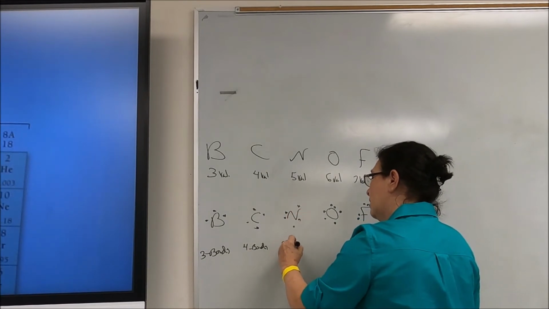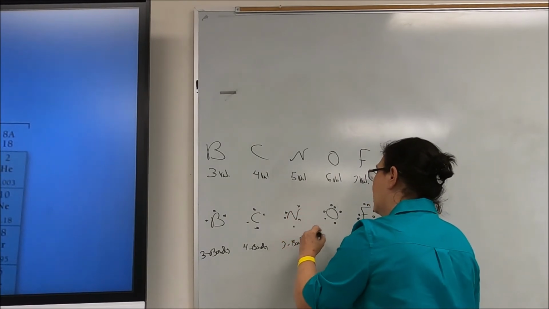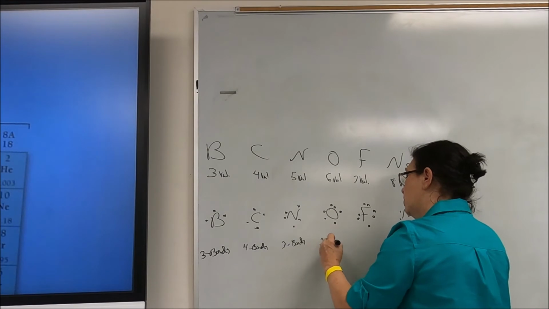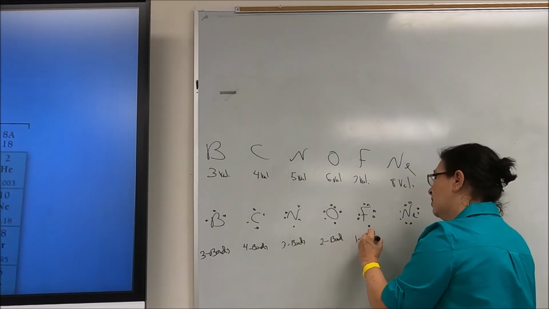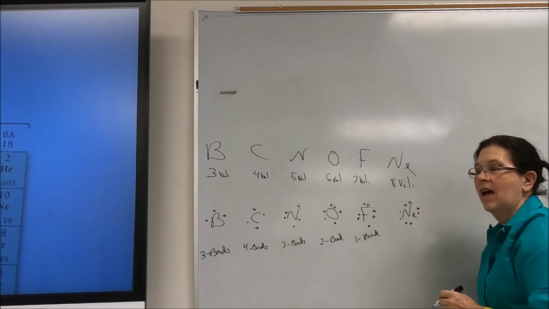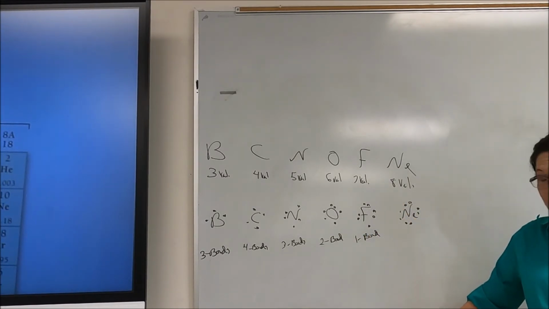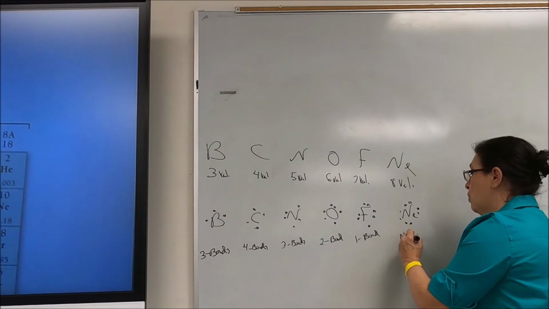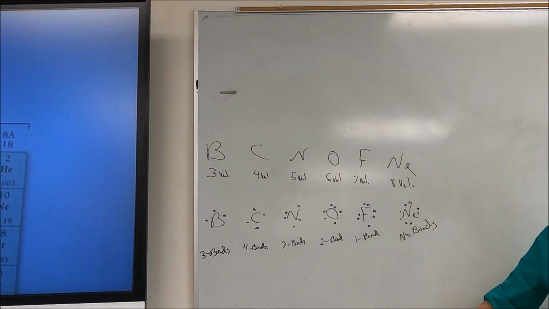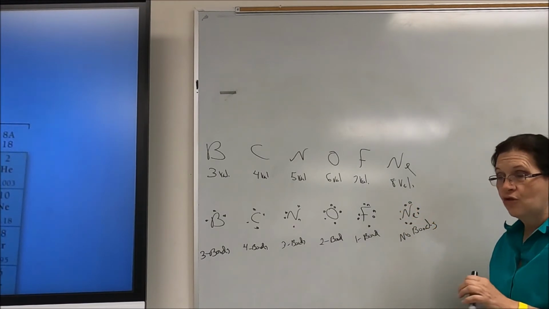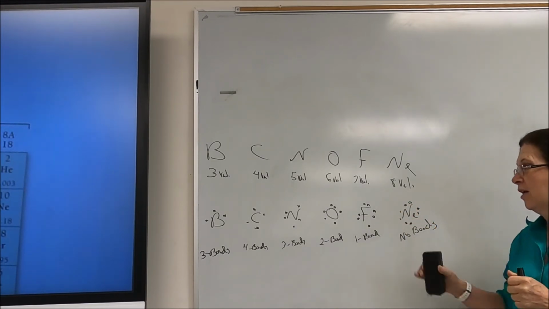Nitrogen has 3 bonds. Oxygen has 2 bonds. Fluorine has 1, so it wants to make 1 bond. Neon has no unpaired electrons, so no bonds. It's a noble gas. 8's the magic number. Everybody else is trying to look like neon.